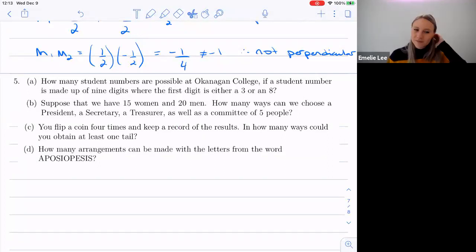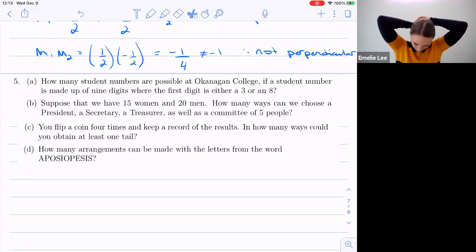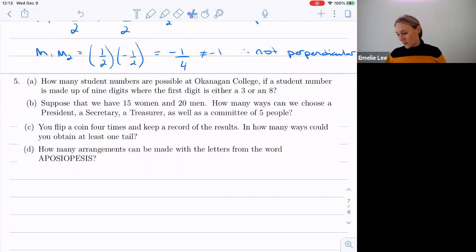There. All right. Combinatorics. We thought we left this in the dust.